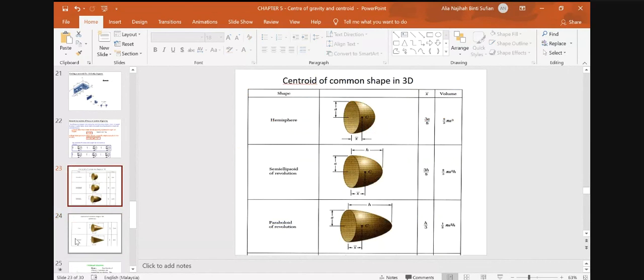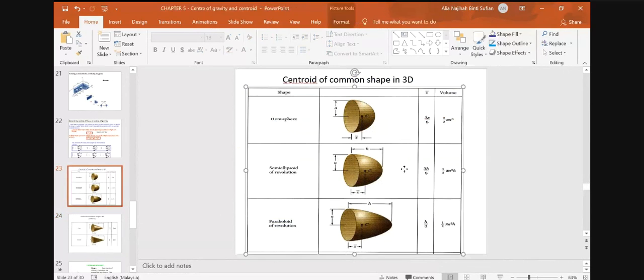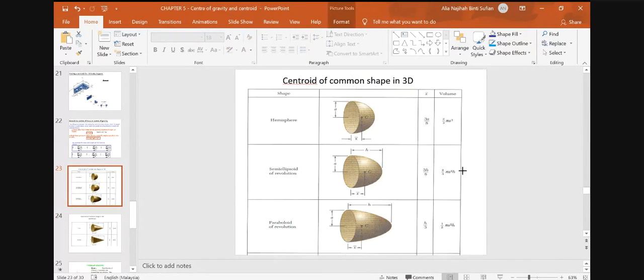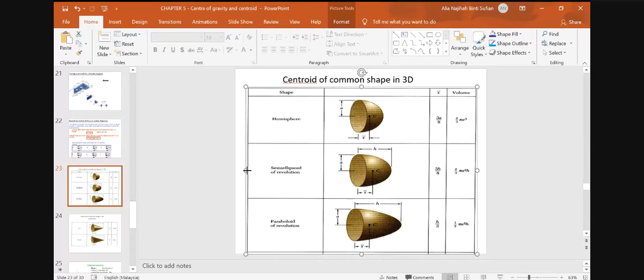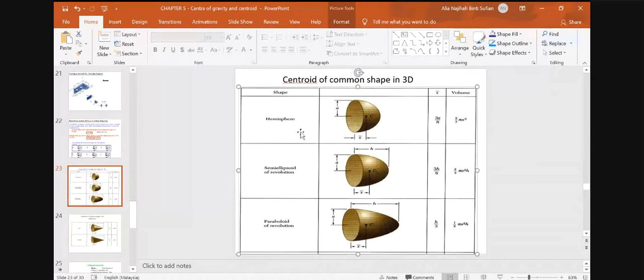Okay, this is the formula for several shapes of 3D object. Yeah, we have hemisphere. Hemisphere is half of the sphere. The x bar is given as 3a over 8. The volume is given as 2/3 pi a cube, where a is the radius of the cross-section area here.